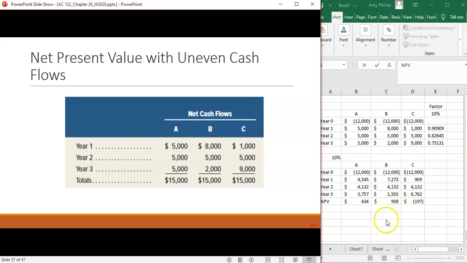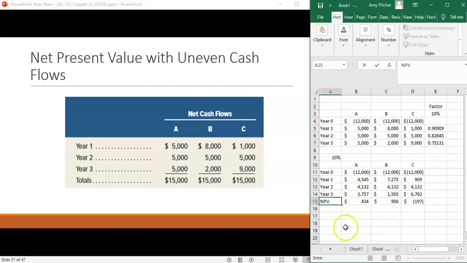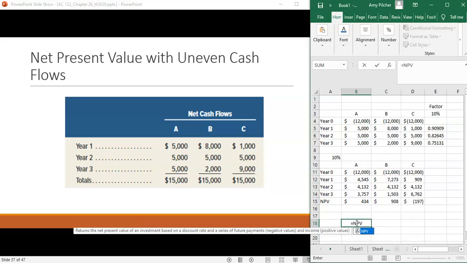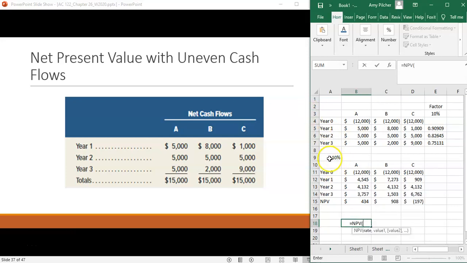Actually, before I move on, I'm going to show you one other way to calculate net present value in Excel. So what you can do is Excel has a net present value function. You take the equals NPV, you select the rate, and then you want the values.